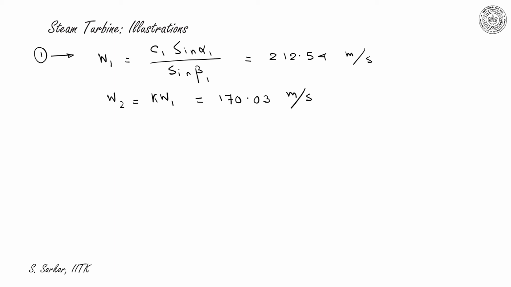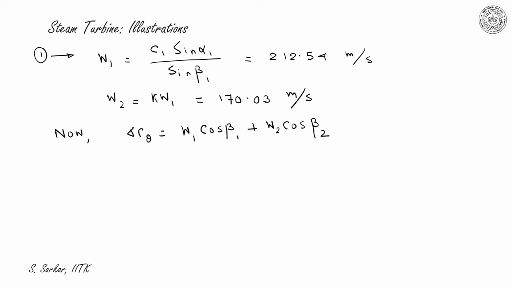As I know W1 and W2 and beta 1 and beta 2, I can get del C theta equal to W1 cos beta 1 plus W2 cos beta 2, referring to the velocity triangle.